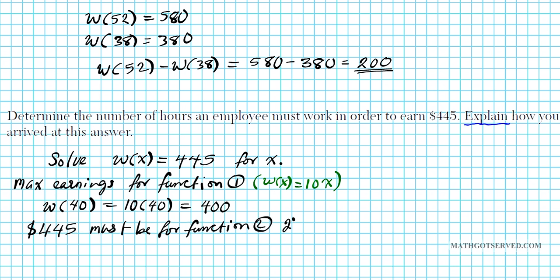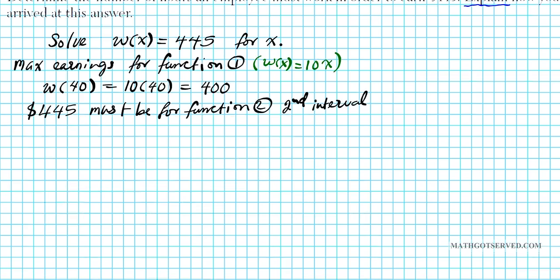All right, so we are now good to go. We now know what function we're going to use. We know that there are two functions. We're using the second function. All right, so what is function 2? Function 2, w of x is equal to 15 times x minus 40 plus 400, okay?